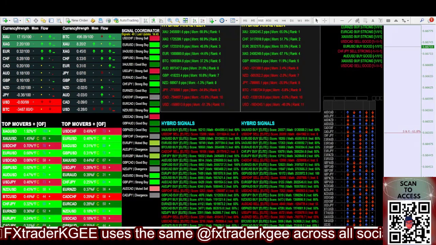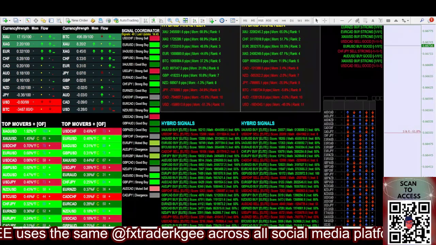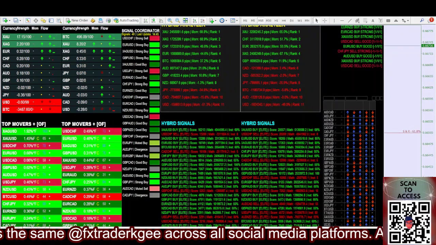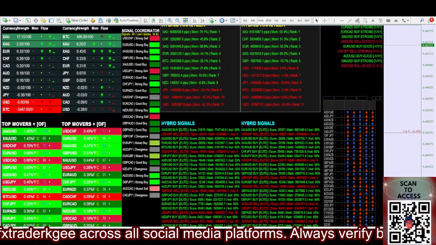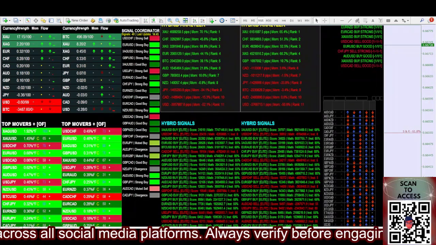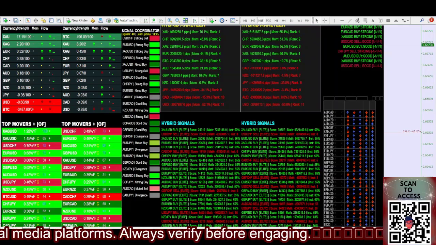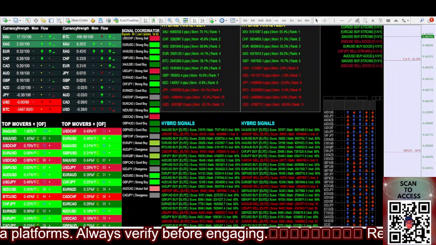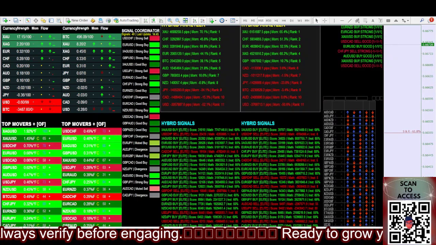It says AUD what? USD. All right, that's how beautiful it is. Let's also quickly fix the zigzag here so that I can see clearly. Yes, that's a very good signal.